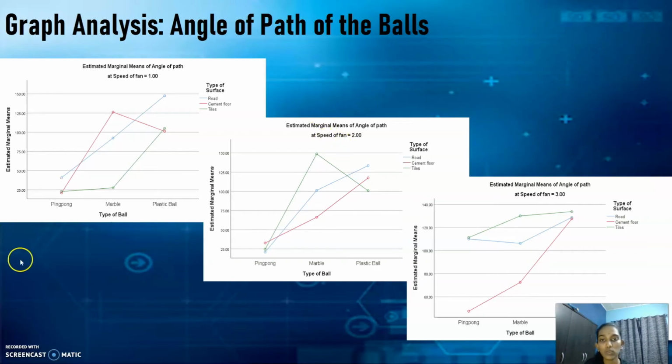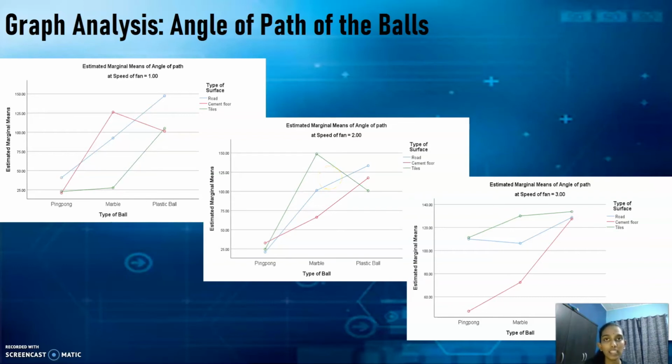If you look into one of the graphs, there are 3 types of lines plotted with different colors. The green color represents the tiles, the blue color represents the road, and the red color represents the cement floor. So this graph is the estimated marginal means of angle of path at different speed of fan for different types of ball at different types of surface. So this is for the first dependent variable.